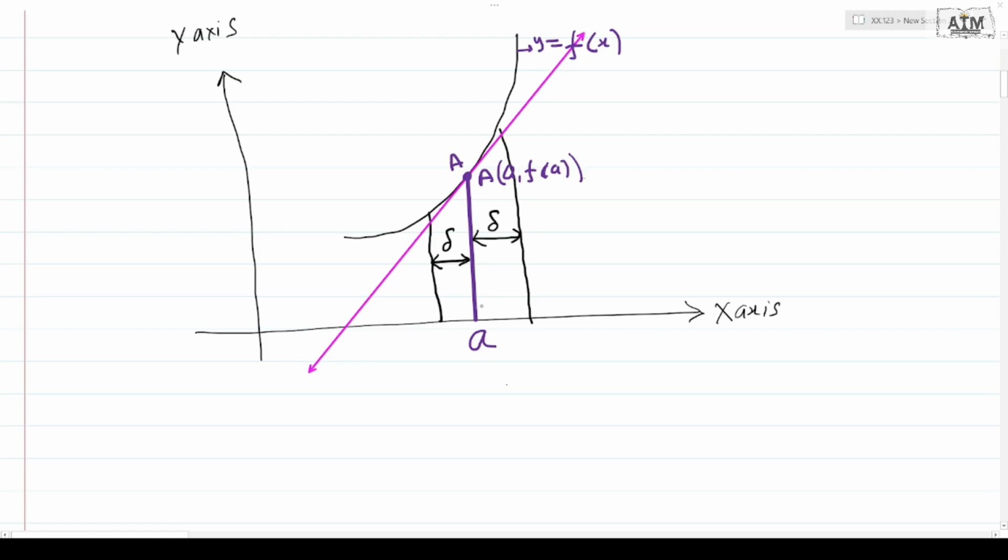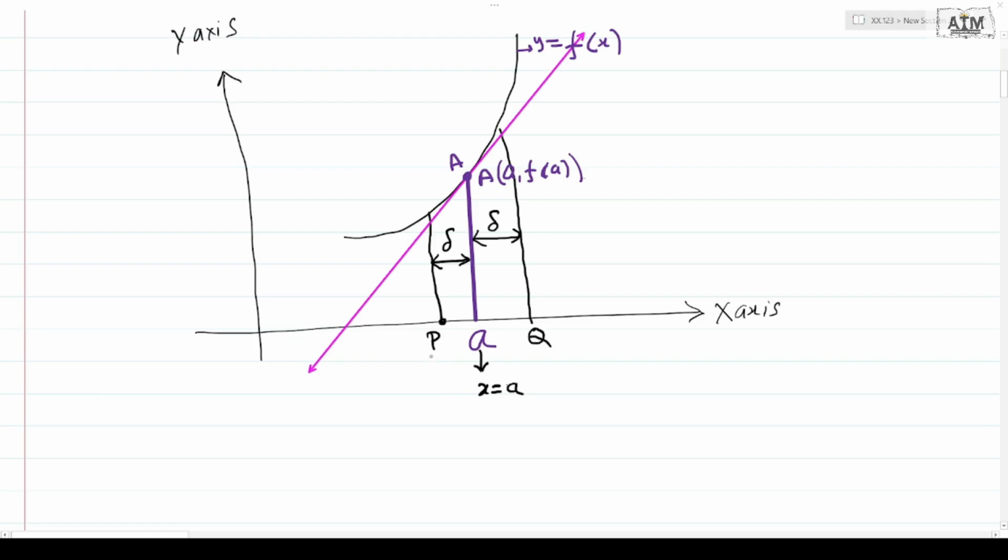In the diagram they look somewhat smaller or larger, but they are equal because it is a rough diagram. This is x equals to A. The neighborhood points, let us call them P and Q.